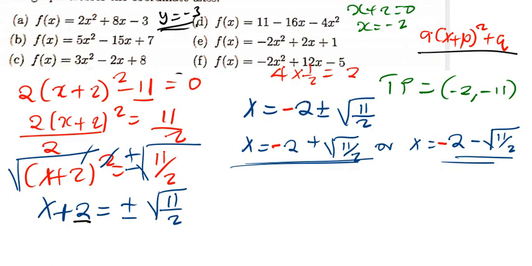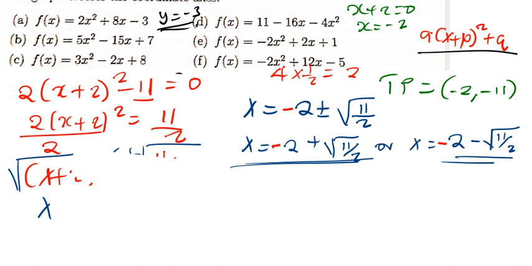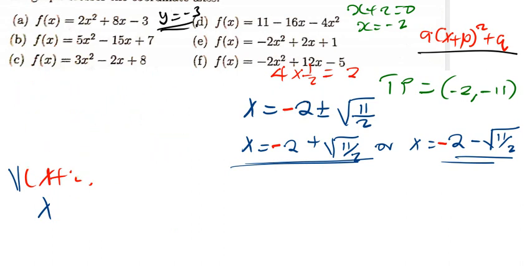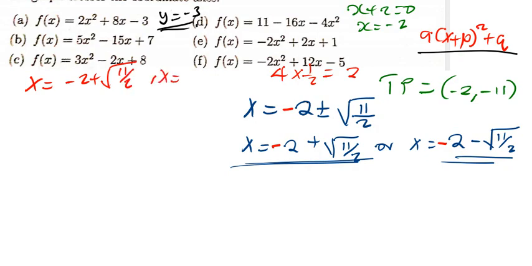So when I reach this point, guys, one thing I want us to understand is that we are going to have this. Let me put x being equal to negative 2 plus root of 11 divided by 2, and also x being equal to negative 2 minus root of 11 divided by 2.